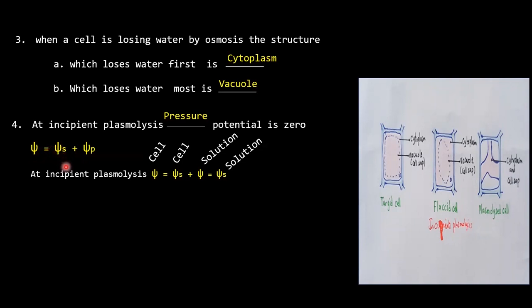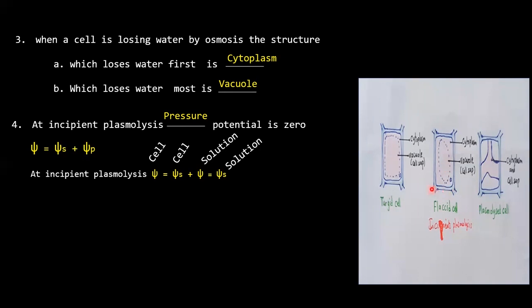If you work it out, this is the equation that you get, because no water is moving in or out of the cell. So the water potential of the cell is the same as the solute potential of the cell. Everything is equal in here. Pressure potential is 0.